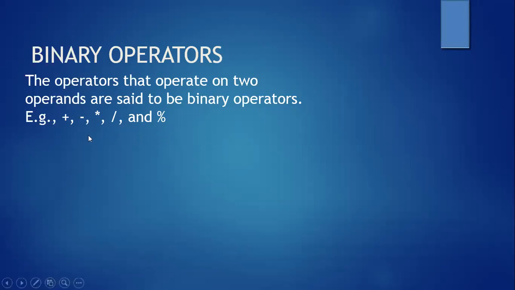Now, how many binary operators do we have? We have 5 binary operators. Which are they? Plus, minus, multiplication, division, and modulus. So these are our 5 binary operators.